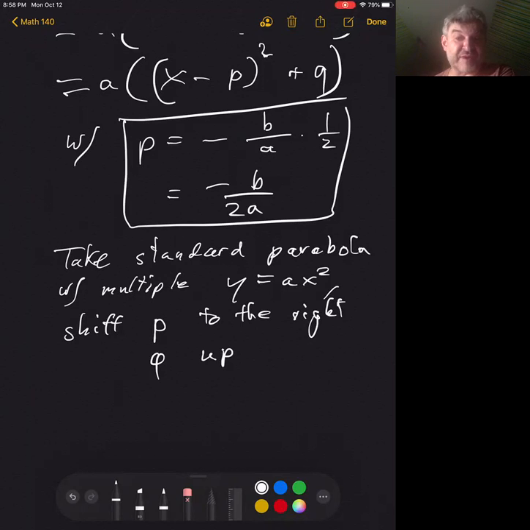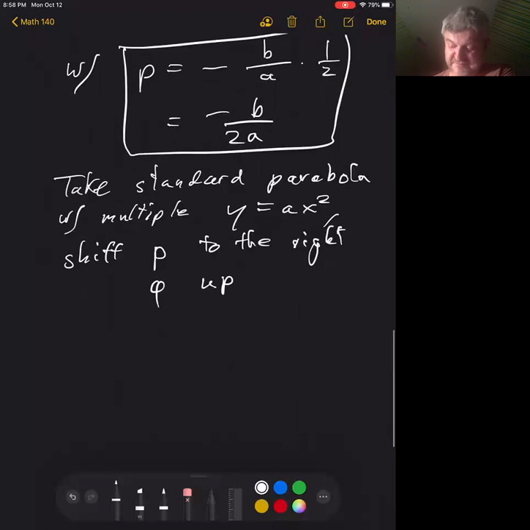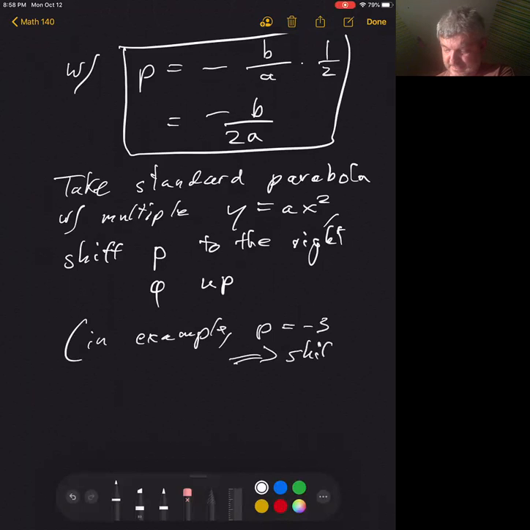That was what my example did when p was -3. That's why I made that p a negative number.